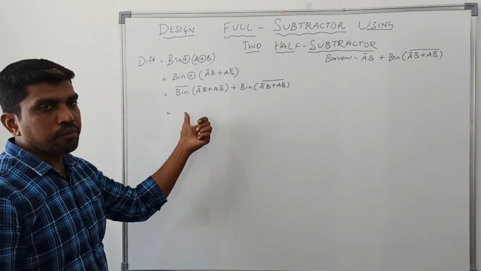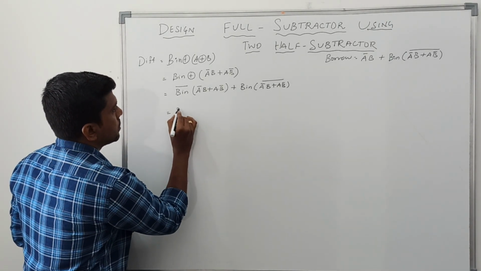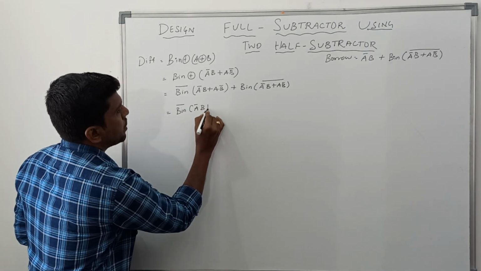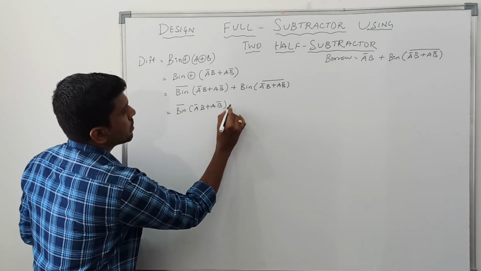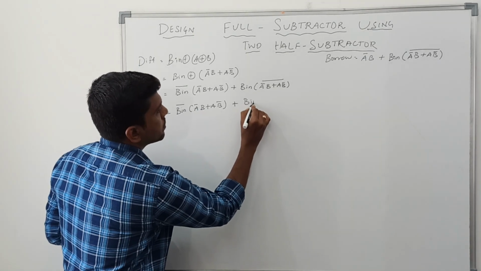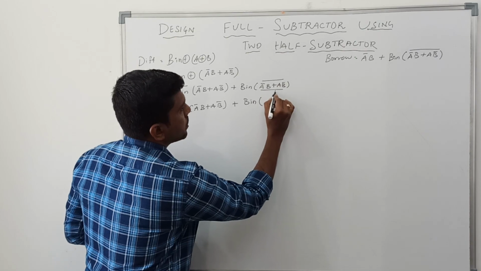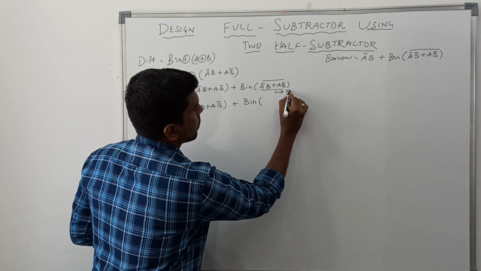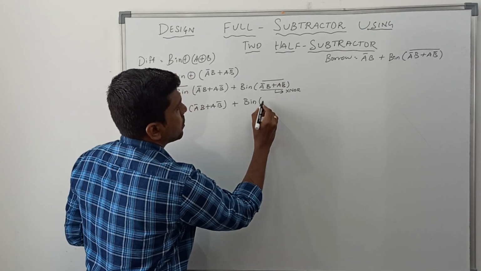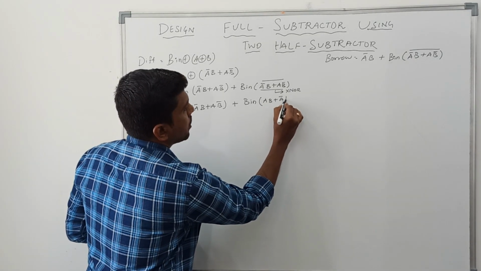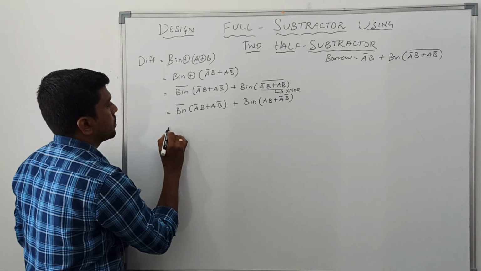Now I simplify this expression. B in bar (A bar B plus A B bar) plus B in, and this expression you write like this. This is an XNOR gate: A B plus A bar B bar.